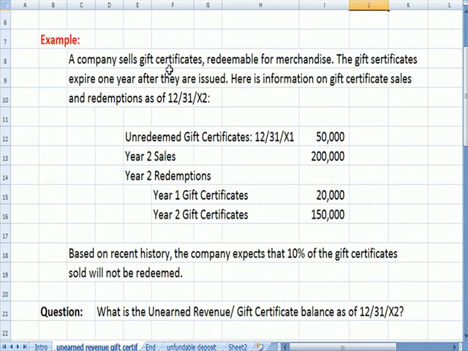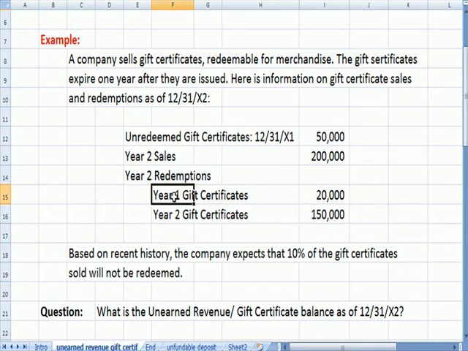So a company sells gift certificates redeemable for merchandise. The gift certificates expire 1 year after they're issued. They're good for a year. Here is information on gift certificate sales and redemptions at 12/31 year X2. So we had an unredeemed gift certificate balance at the end of the prior year X1. We had sales in year 2, 200,000. And then during year 2, we got redemptions.